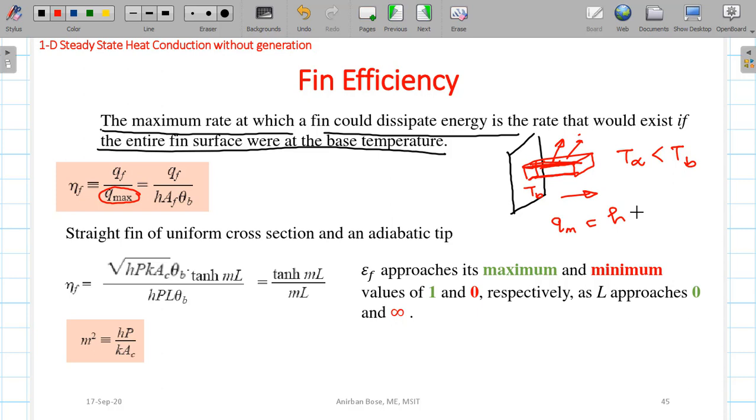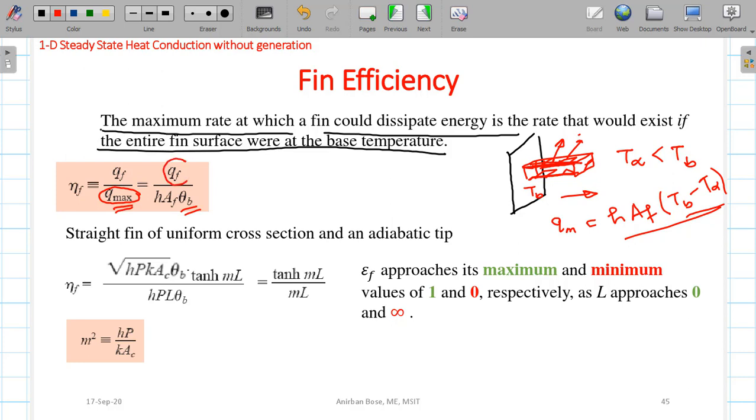Using Newton's law of cooling, it is h times the total area of the fin, because everywhere the temperature is TB, times the base temperature minus T infinity. That is the heat transfer in that hypothetical situation. TB minus T infinity is written here as theta b, A fin is the total area of the fin, and h is the convective heat transfer coefficient. So this is Q max.